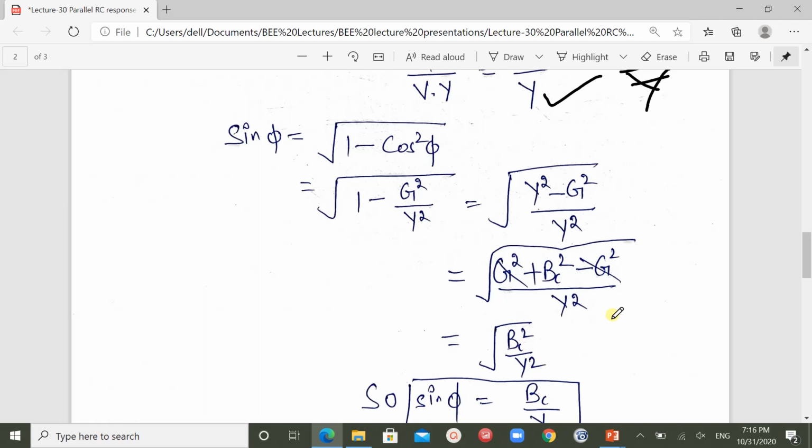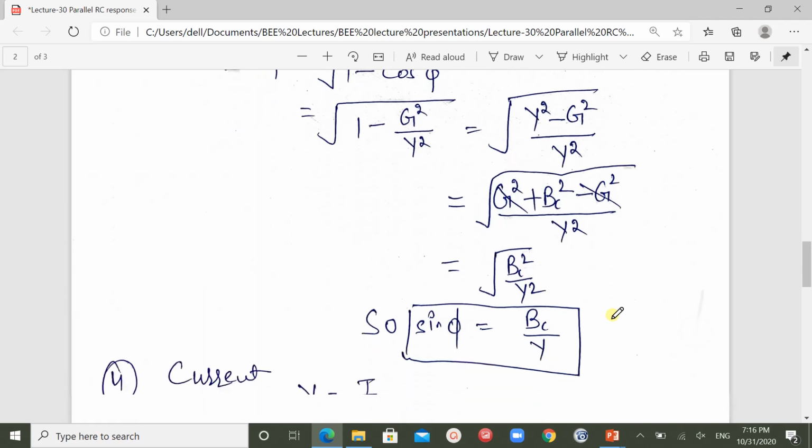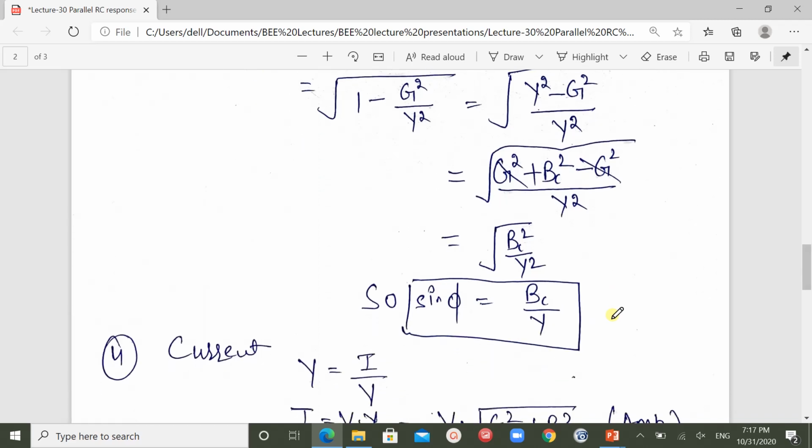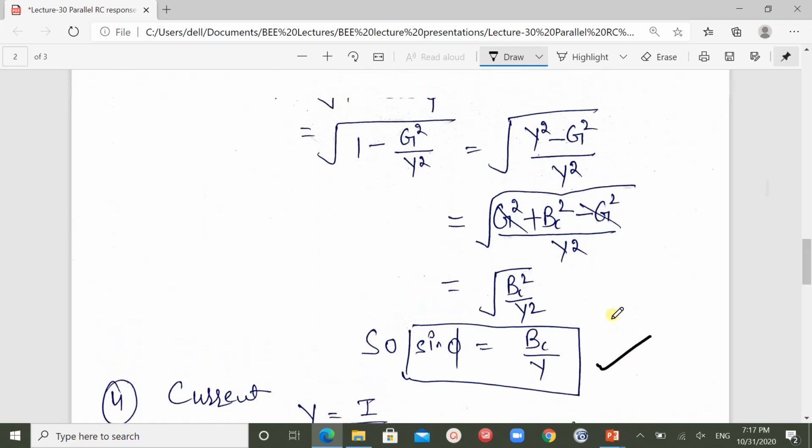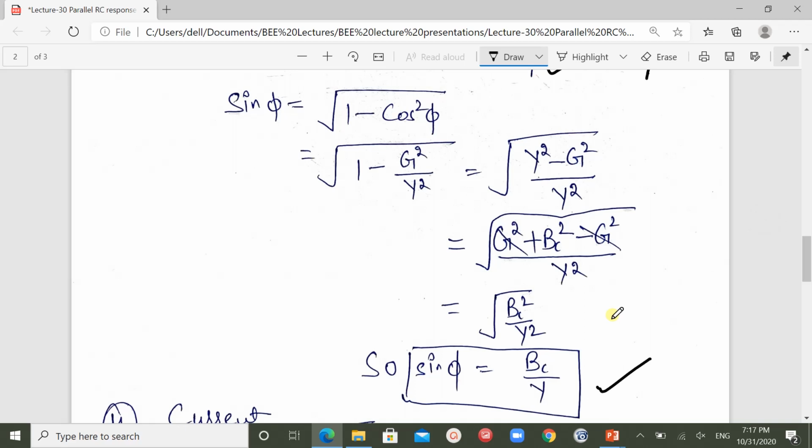We put the value of cos phi, it is G square upon Y square, and we do the simplification, we solve this equation, and finally we get sin phi is equal to BC by Y. So this is the simple calculation which we did.